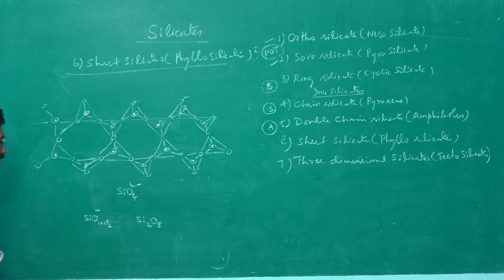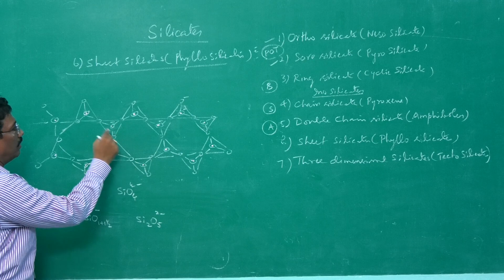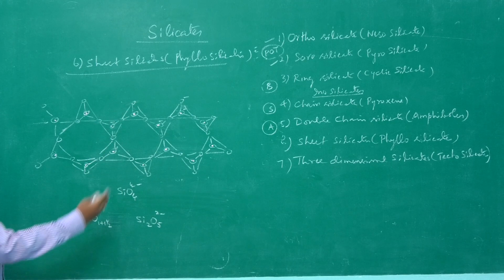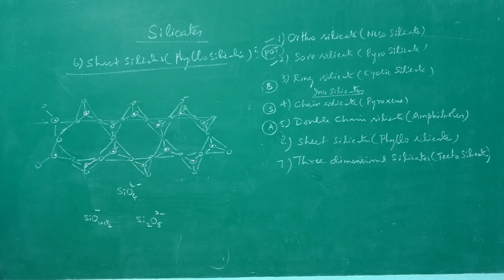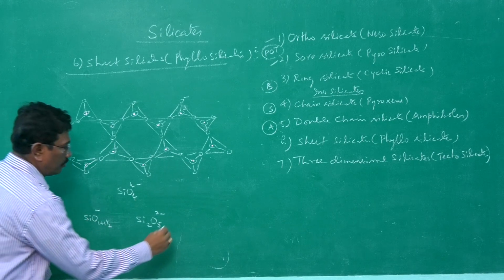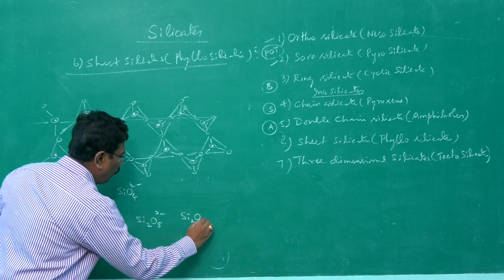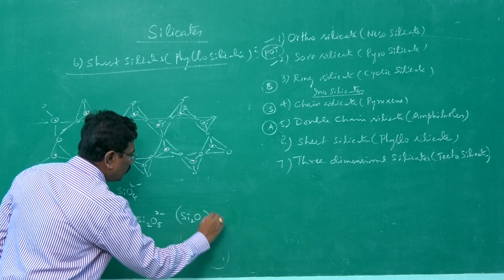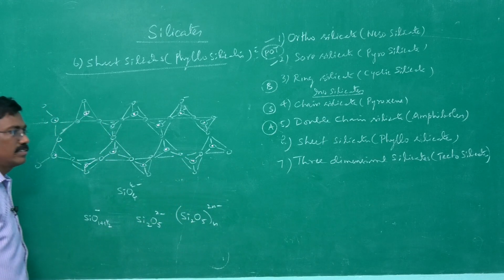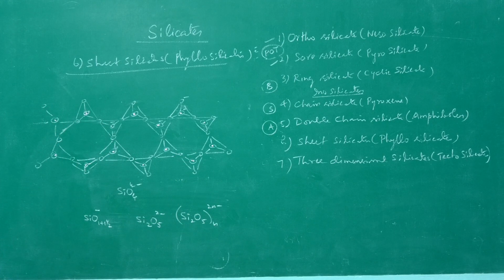What will be the charge? 2 minus. Just one charge for 1 unit. All the 3 are shared. And therefore, no metal ion can give the charge. If I make it n times, Si2O5 n times, 2n minus. That is the unit of phyllosilicate unit or sheet silicate unit.